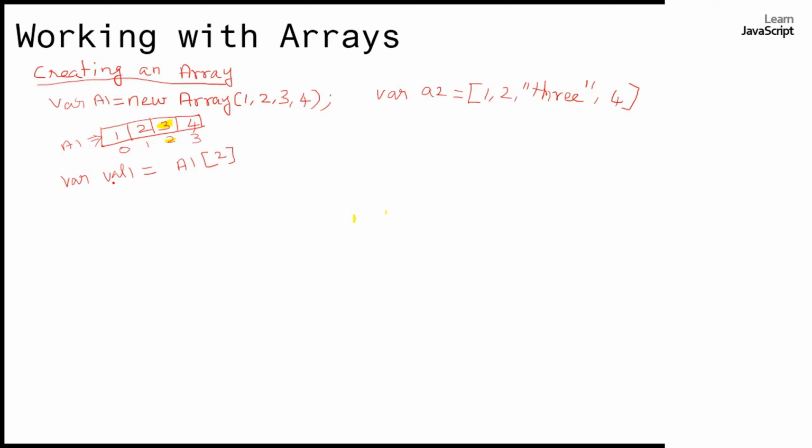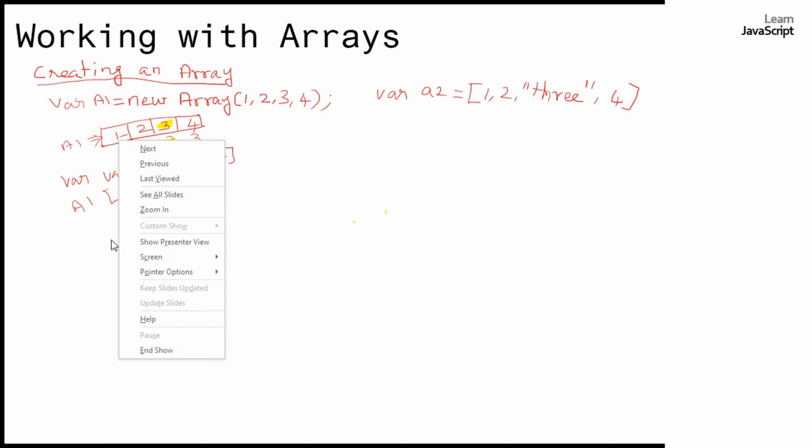Now val1 will hold a value of 3. That means it will hold the number 3. So that's how you can retrieve an element, and you can assign an element also the same way. Let's say a1 of 0 equal to 4. Now a1 of 0 is this first element, and since we assigned 4, the element will now hold 4.